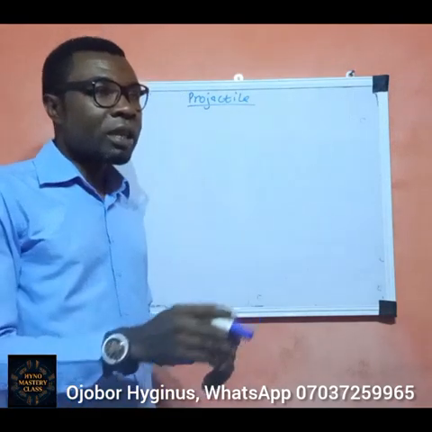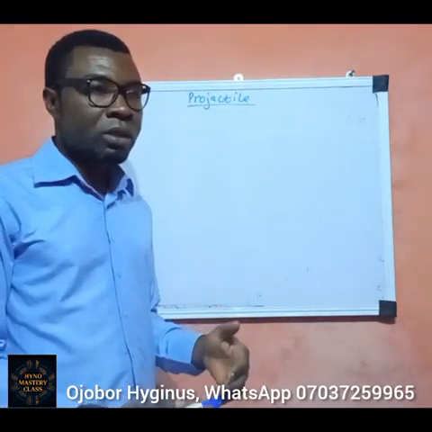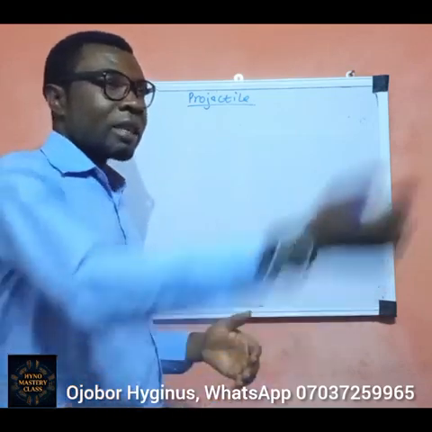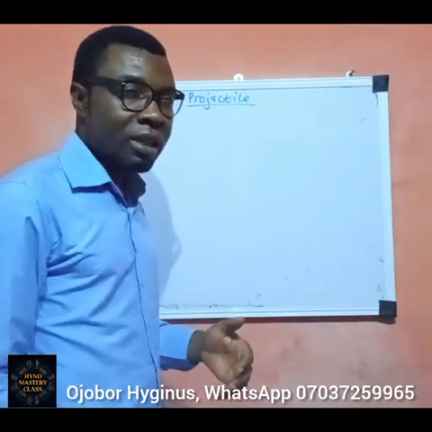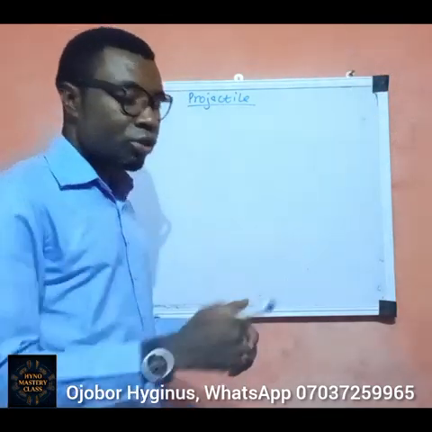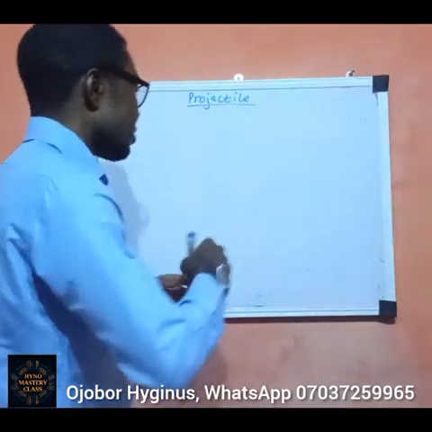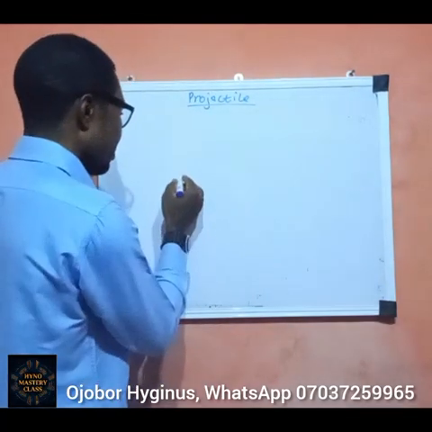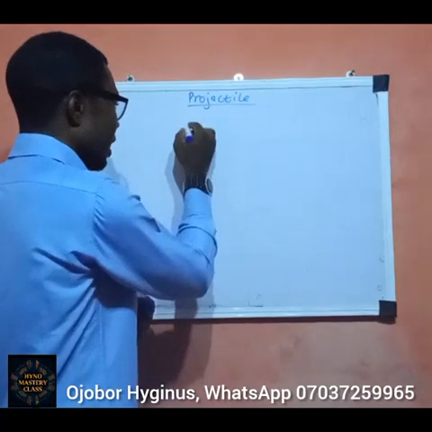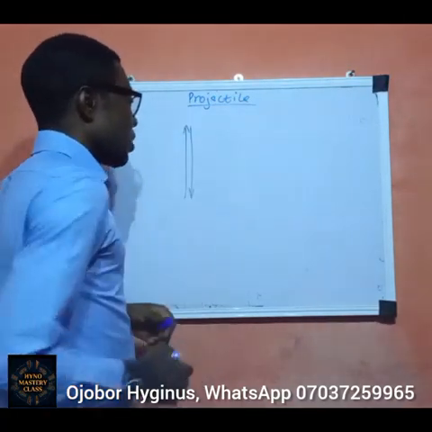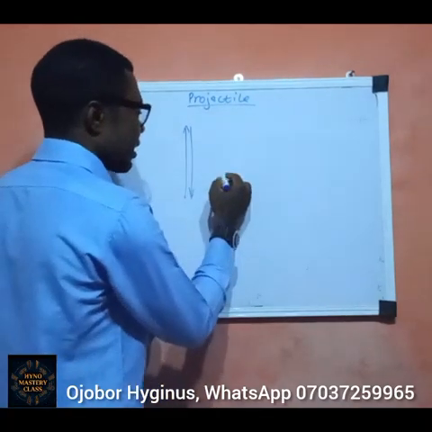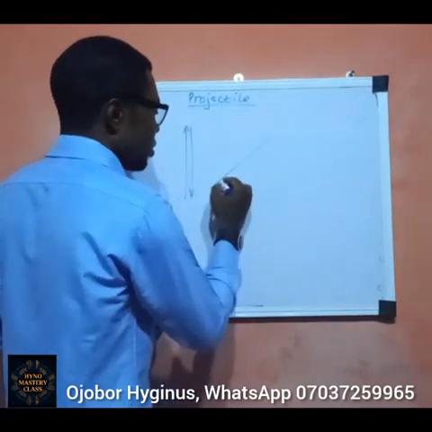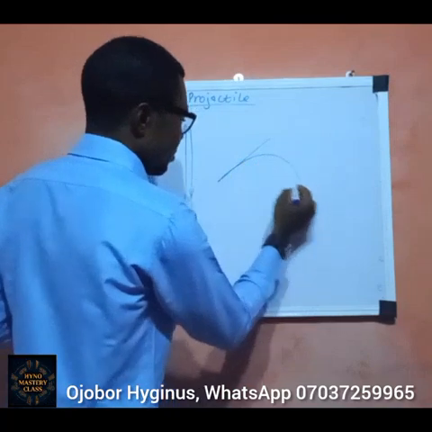Two, a body projected from the ground at an angle. When a body is thrown at an angle, it will have a trajectory. When a body is projected vertically upward, it goes up and comes back through the same path. When a body is projected at an angle, it goes this way and has this trajectory.